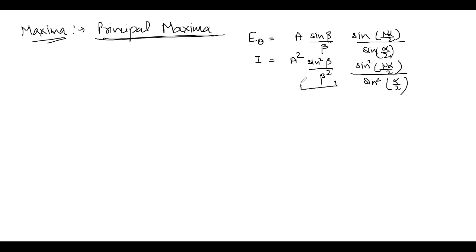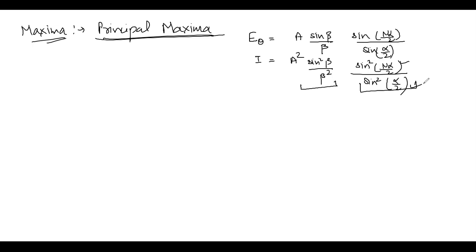The condition of maxima is going to be decided by this term here, which is the interference term. Here, if you want this term to be maximum, the problem is that both numerator and denominator are functions of alpha by 2, right? So you would like to have a combination in which your numerator should be maximum and denominator should be minimum.